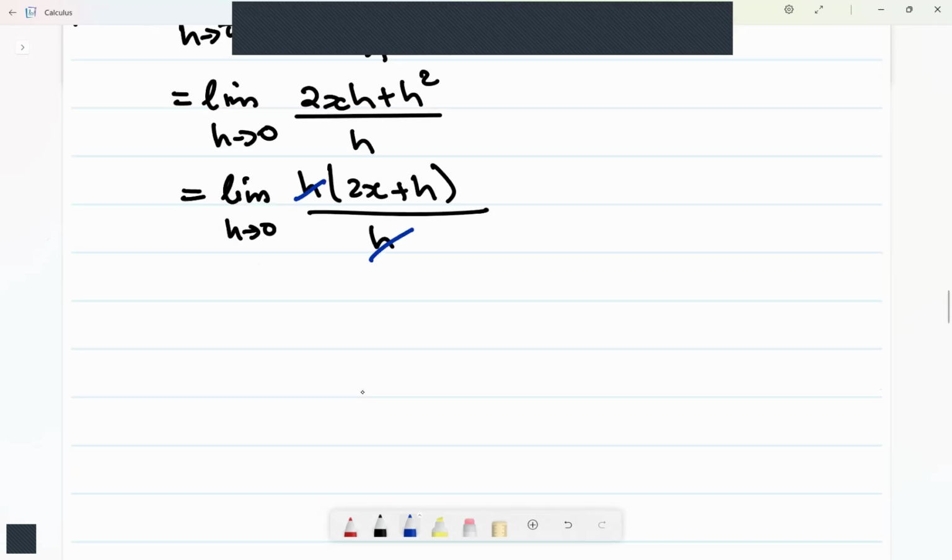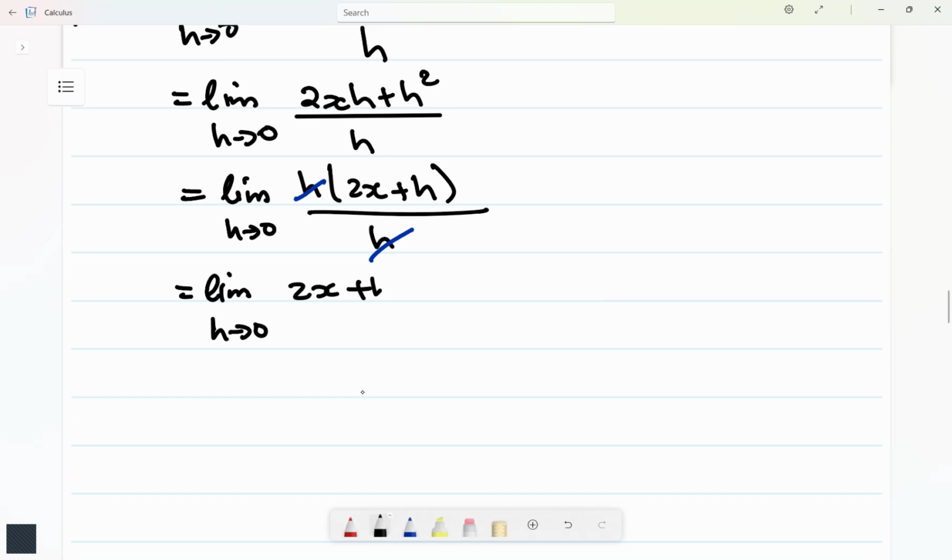I still continue with limit, remember? Limit as h approaches 0 of what? I'm left with 2x plus h. Am I in a position of substituting now h as 0? Yes, I can do that, okay?